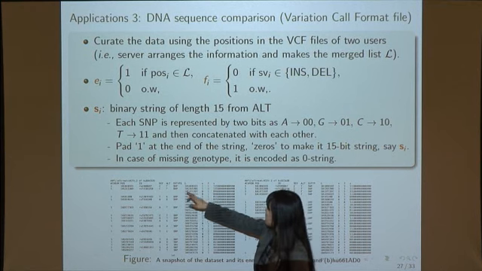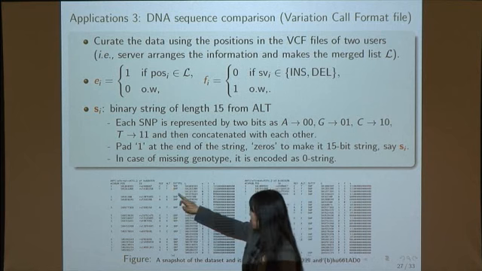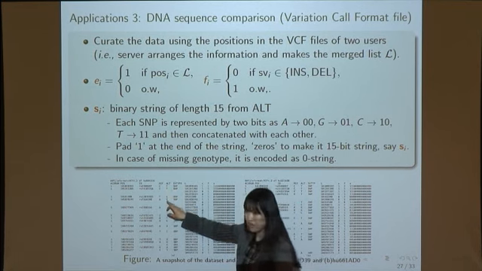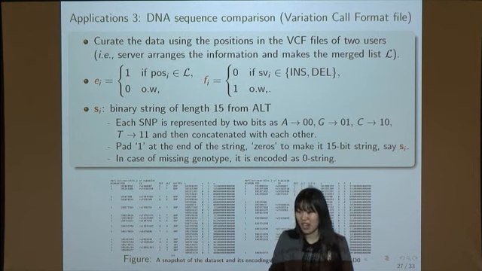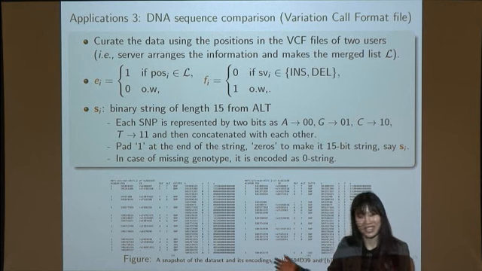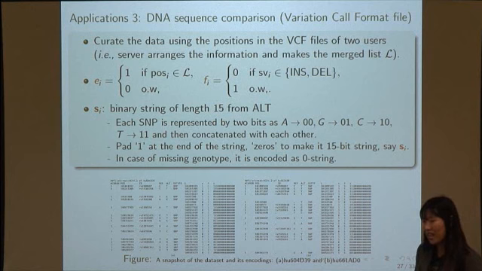In this example it just has one character, but sometimes it has 180 SNPs, so it's too large. So 15 was kind of arbitrary, chosen for the performance of our experiment.